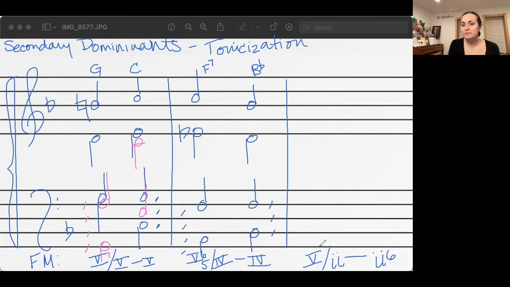In F major, 2 is going to be G minor, so we've got G, B, and D. We know that for the 2/6, we want the B flat in the bass. Now, a 5 of G minor is going to be D major.